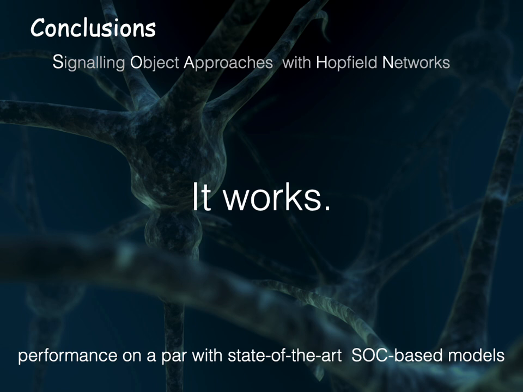So yes, surprisingly, it works. And it works very well, so that the performance of the Hopfield model is comparable to state-of-the-art SOC-based models that were inspired by the computational circuitry of the LGMD neuron of the locust.